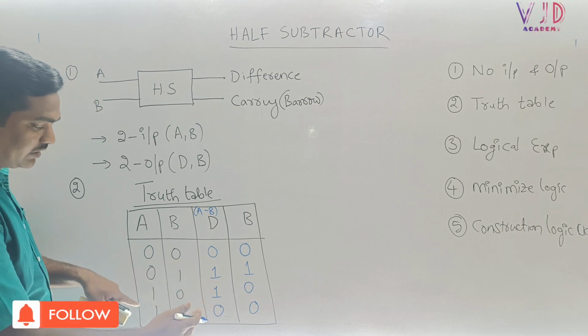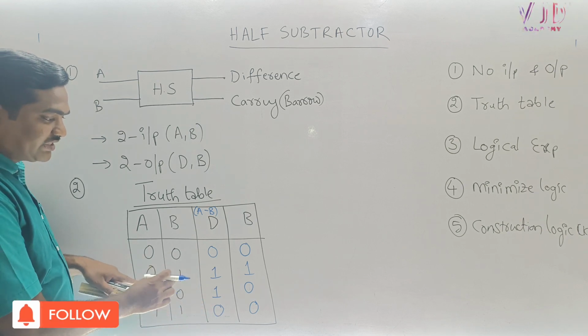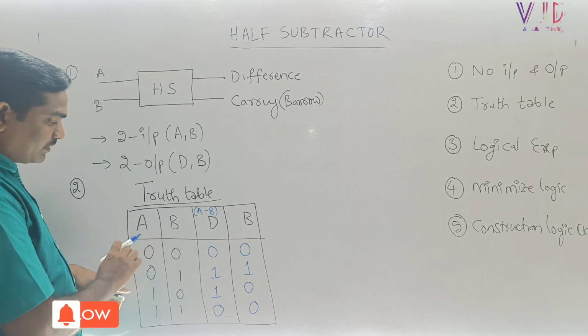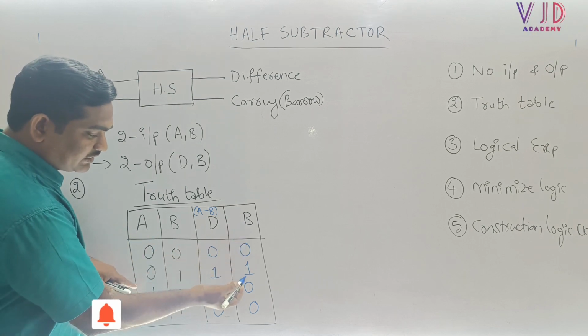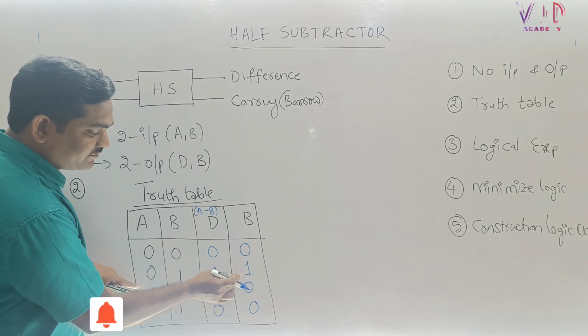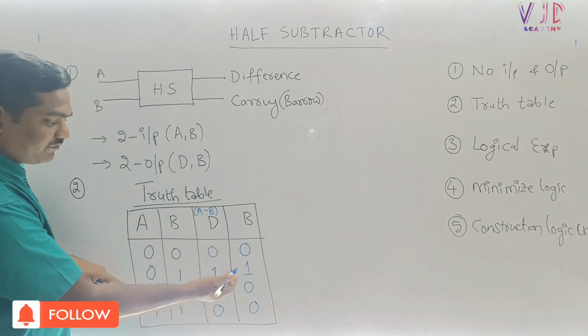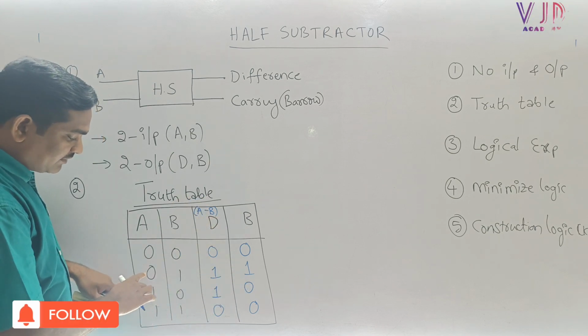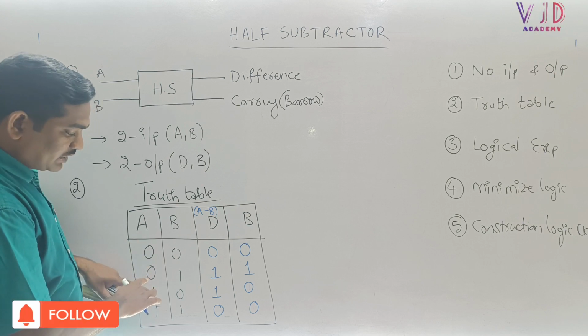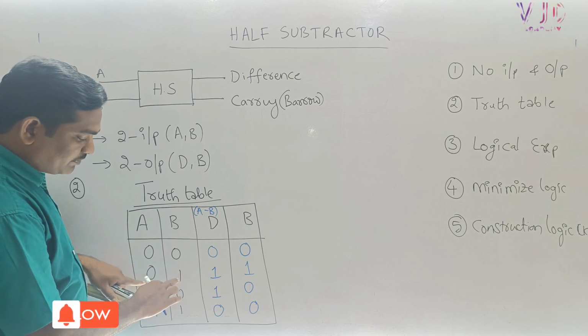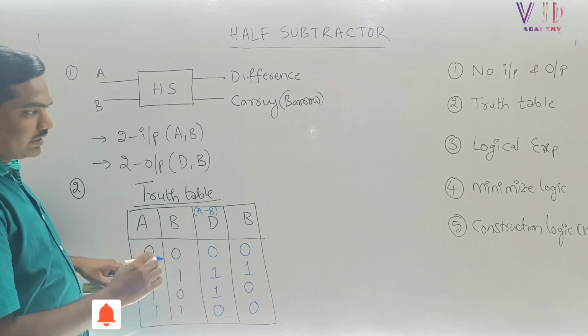This is not possible, so to make this difference we collect borrow from another value. That is the reason we put 1 here. The moment we collect borrow, the A value becomes 2, and 2 minus 1 becomes 1. This is the truth table.